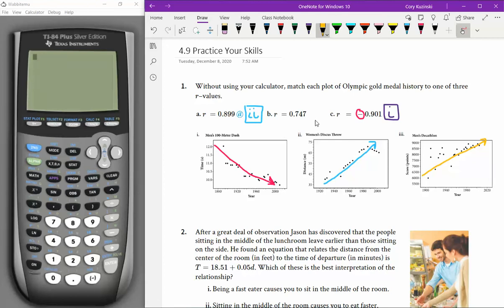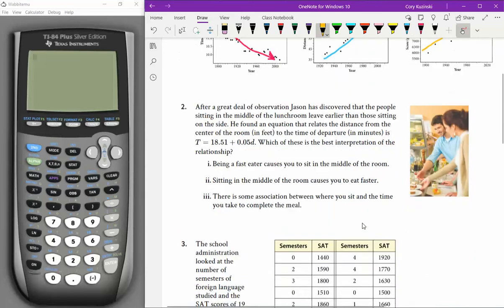So I think this men's decathlon points is graph 3. All right, so the correlation coefficient is anywhere from -1, which is perfect negative correlation, to +1, which is a perfect positive correlation, and anything in between, 0 would be no correlation.